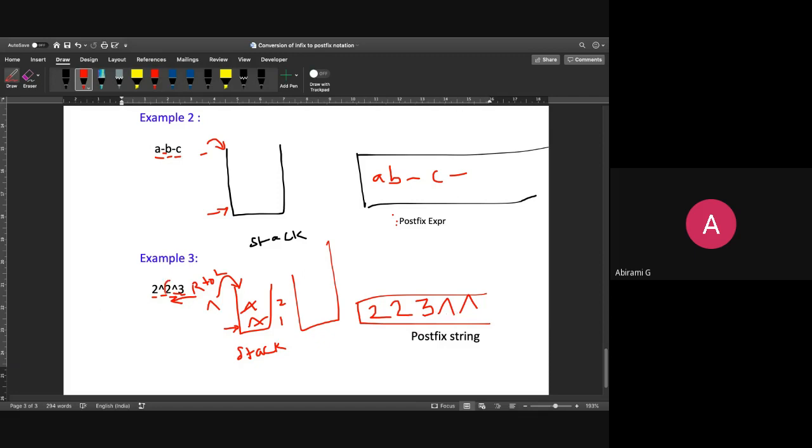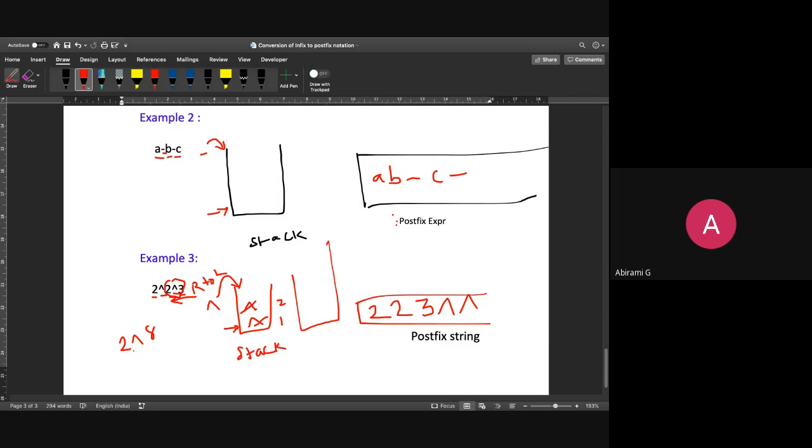Which means first we have to evaluate this. 2 power 3. What is 2 power 3? 2 into 2 into 2 is 8. Then we have to multiply 2 eight times, that is 2 power 8.